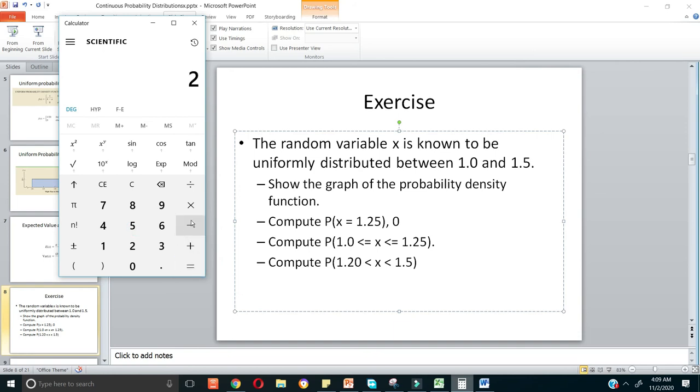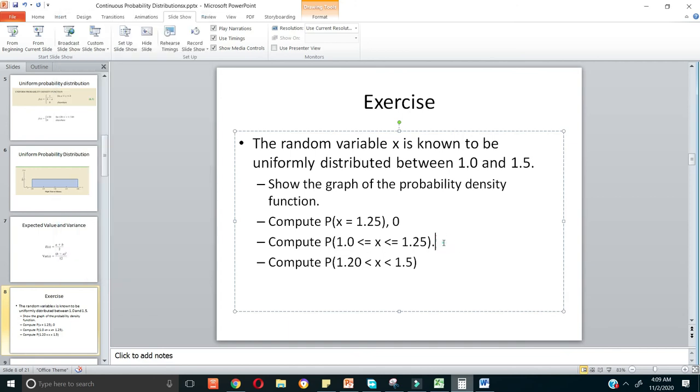And the width of the graph between 1.25 and 1 is 0.25. So those are the limits. You have 0.25 times 2, you get 0.5. So this is going to be a probability of 0.5.